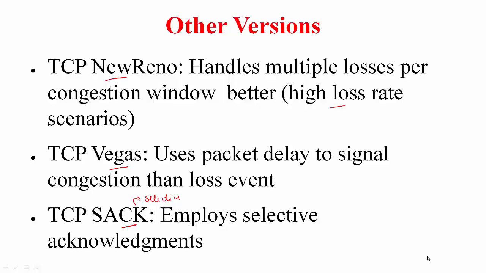Thereby the sender can retransmit those missed segments more efficiently. Here, when you use cumulative acknowledgements, you are going to do one retransmission at any given time, based on cumulative acknowledgements. That's not very efficient. Don't worry, I'm not going to cover any of these other TCP versions.